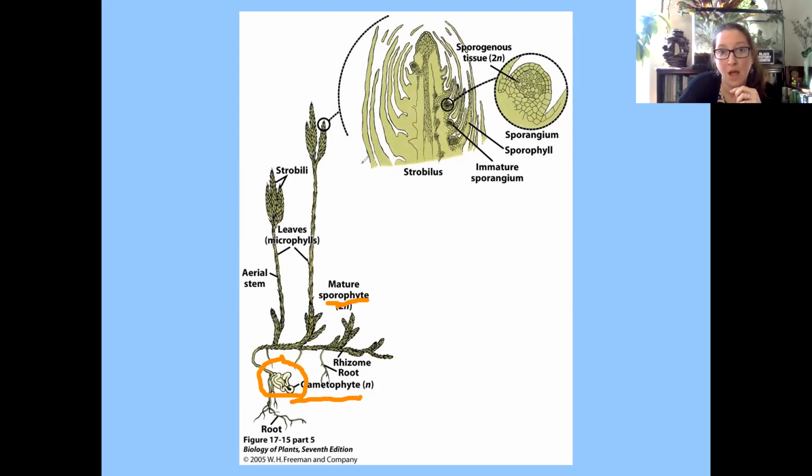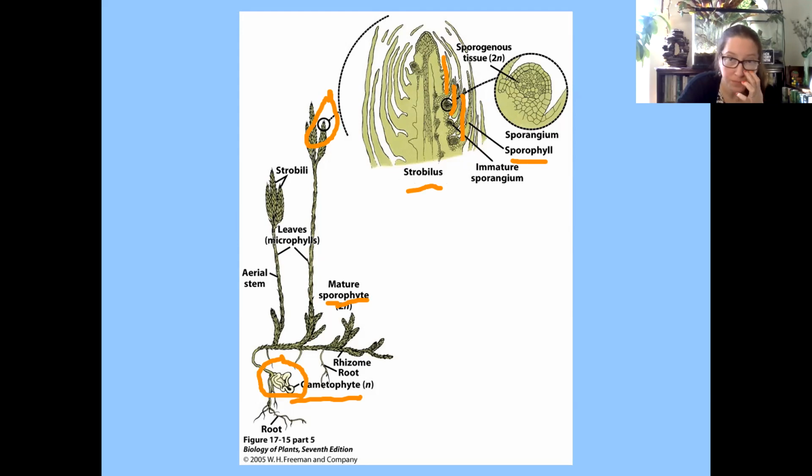Okay. If we were to do a close up on the top of one of these strobilus, and you looked up close, you would see the different leaves that bear sporangia. Here's one, here's one, here's one.